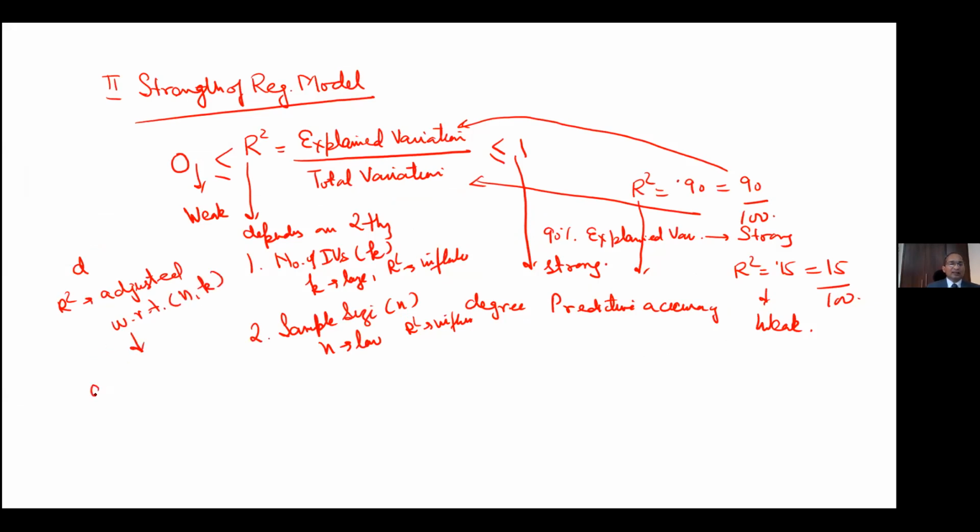Accordingly, we have a better parameter that is known as adjusted R square, every other thing remaining the same. Adjusted R square is also expressed as R bar square, right? So we can interpret through R square, and we can also interpret through R bar square or adjusted R square. They both represent the same thing. But if we want to consider only one term, then obviously adjusted R square is a better representation of the strength of the model or degree of predictive accuracy.